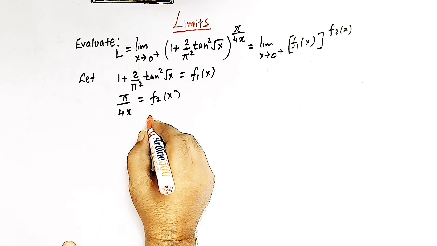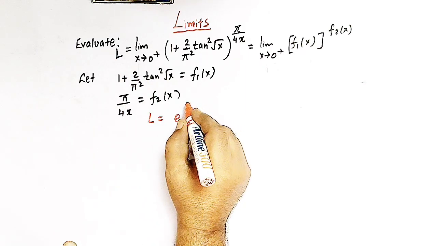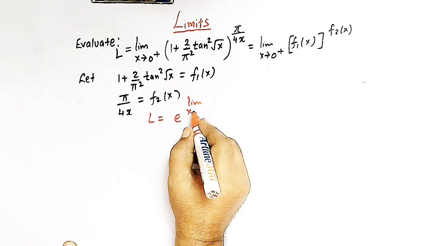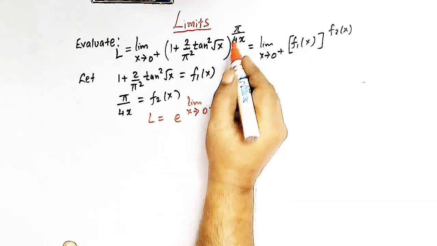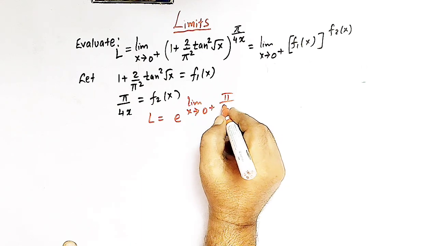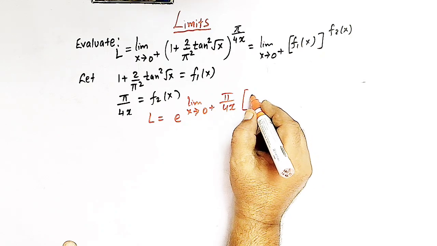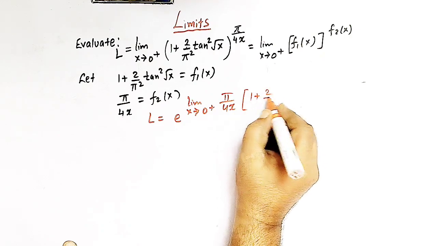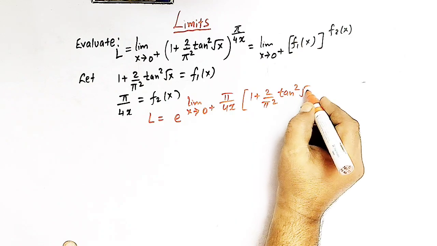So now the value of this limit L can be written as e raised to a limit, where x tends to 0, and here f2(x) is pi over 4x, and f1(x) minus 1 is 2 over pi squared tan square root of x.